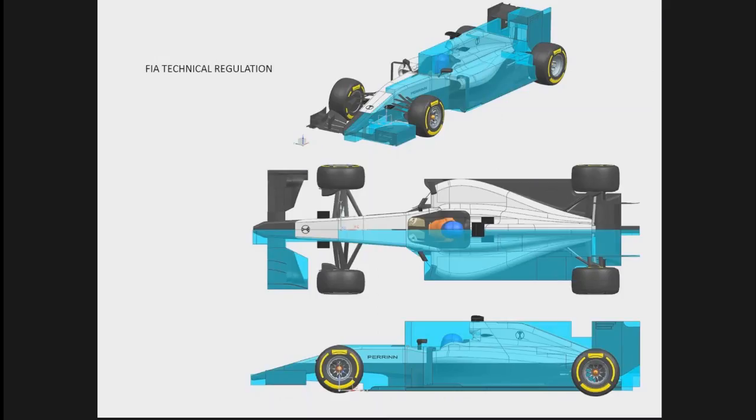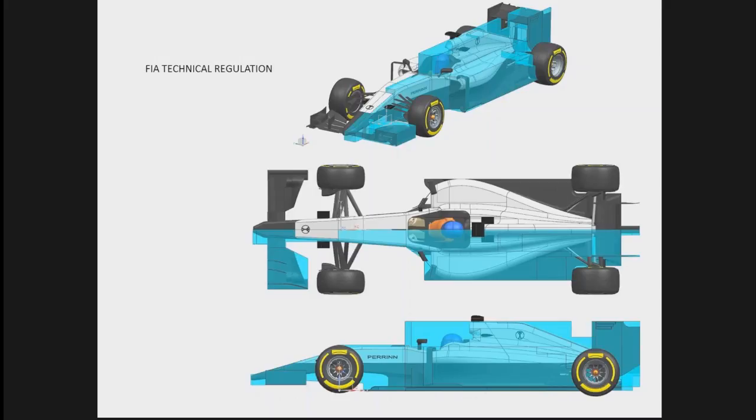The first thing when you think about Formula One aerodynamics is that there is a very long and sometimes complicated set of regulations behind it all, and we need to take this into account. As you can see on these pictures, I've put boxes where the FIA technical regulations tell us where we can and where we cannot design our car.